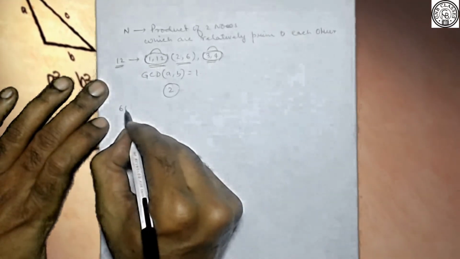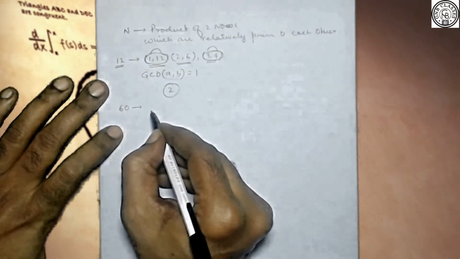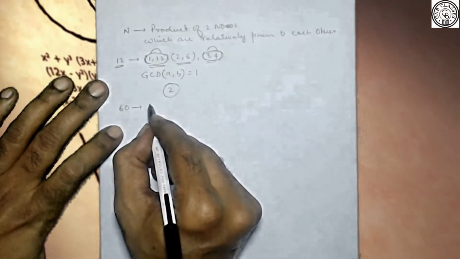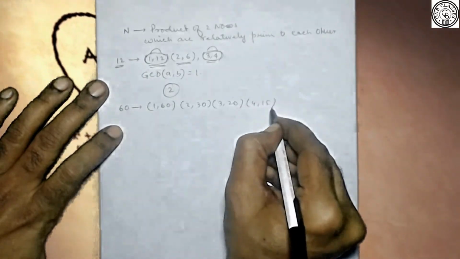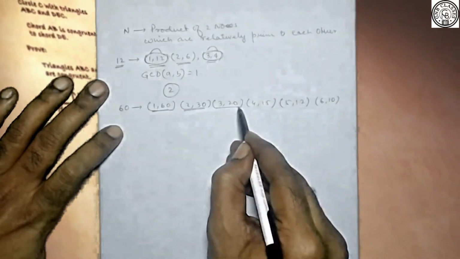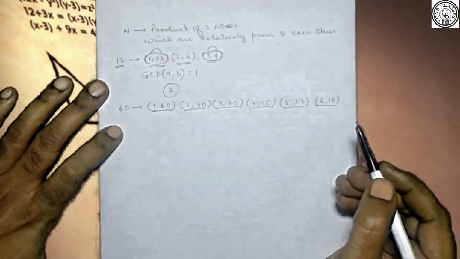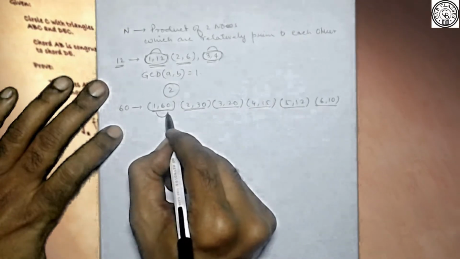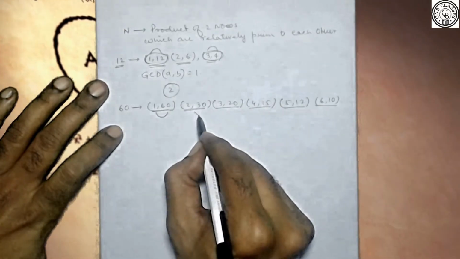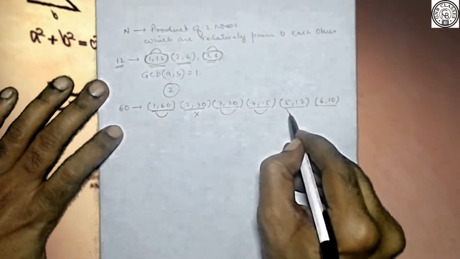Let us consider 60. The ordered pairs in which 60 can be represented as a product of two numbers are listed, and out of these we have to consider how many pairs are relatively prime to each other. 1, 60: they are relatively prime to each other. 2, 30: no. 3, 20: yes. 4, 15: yes. 5, 12: yes.